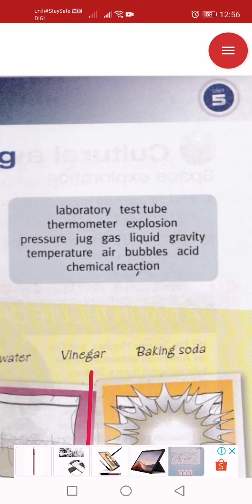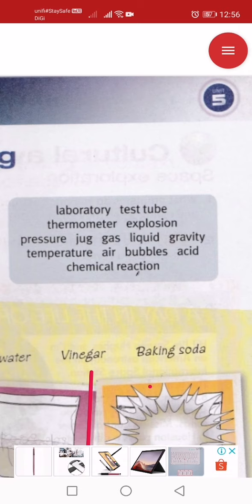Unit 5. Vocabulary and listening. Science in the classroom. Exercise 1. Laboratory. Test tube. Thermometer. Explosion. Pressure.